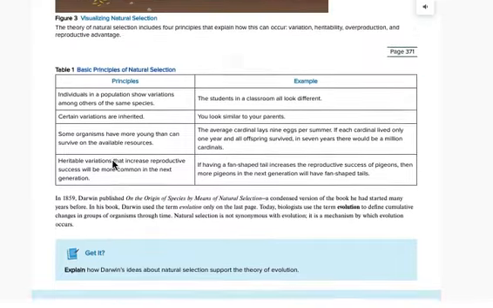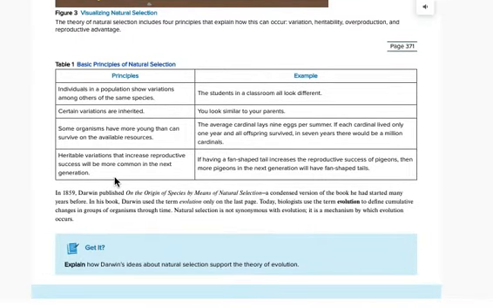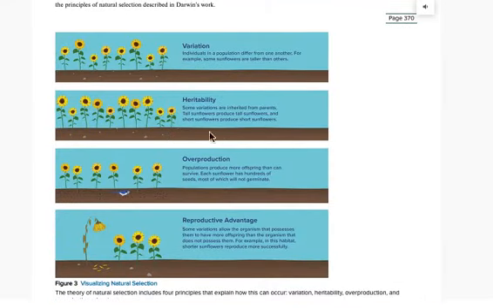So, in the end, Darwin did end up publishing The Origin of Species. And just an interesting side note that they added down here, which I've always thought was interesting, is that a lot of people link Darwin with evolution, but most of his book was about these natural selection principles.